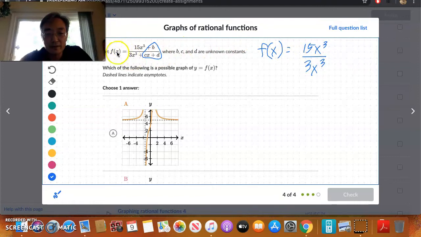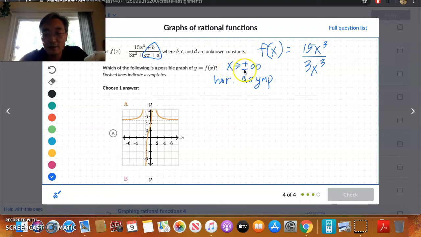The only time this would be a good approximation for the original function is if x approaches positive or negative infinity. In other words, we're looking for a horizontal asymptote.